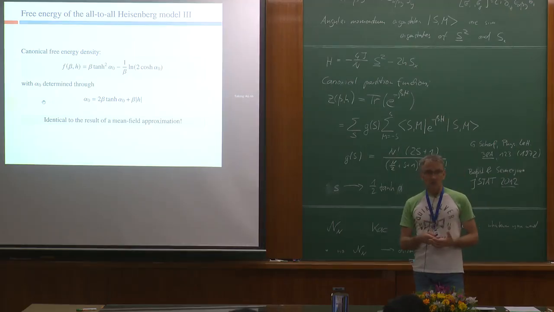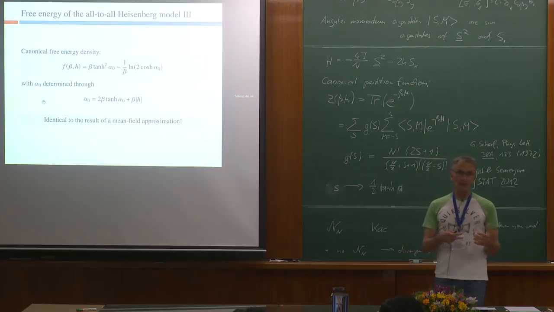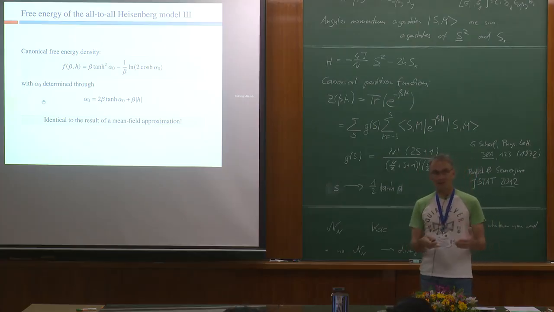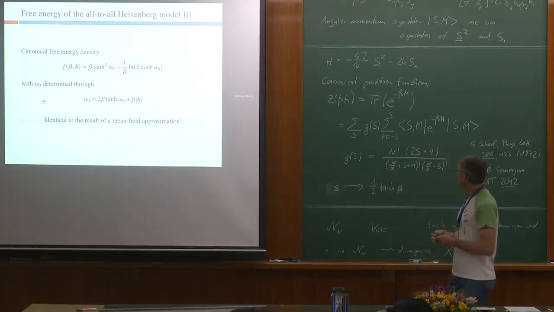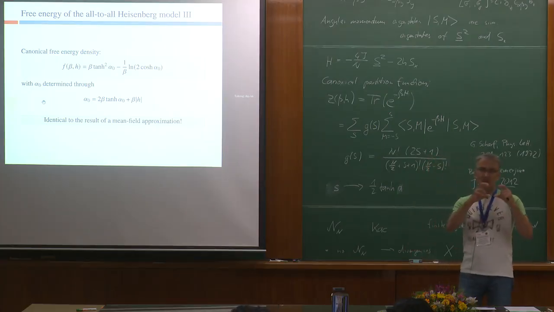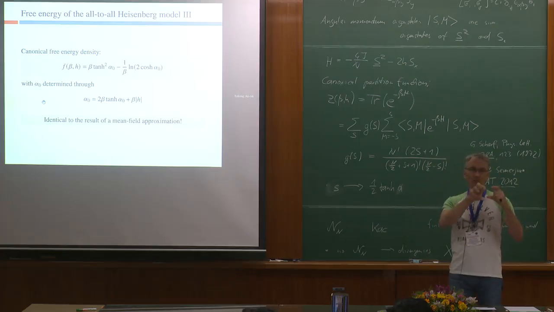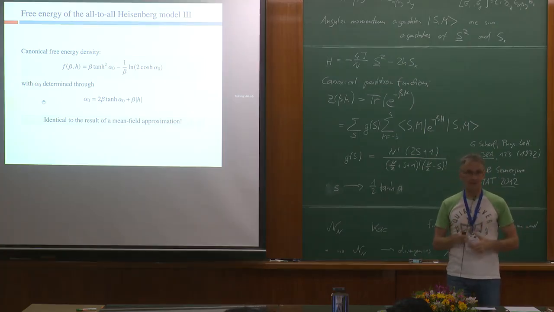It's too hard to solve for some reason. You say, I'm not going to be able to solve this model, but I hope to get some idea about the physics of the model by doing a mean field approximation, which usually means in the Hamiltonian of the spin-spin interaction, I replace one of the spin operators by its expectation value and then solve self-consistently. I'm sure you have seen this at some point.